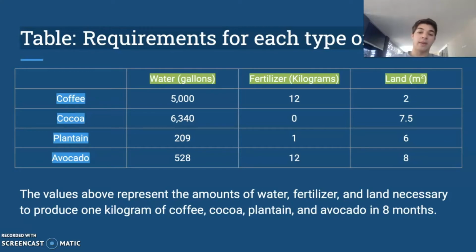For avocado, we have 528 water gallons, 12 kilograms of fertilizer, and 8 square meters of land. The values above represent the amount of water, fertilizer, and land necessary to produce 1 kilogram of coffee, cocoa, plantain, and avocado in the next 8 months.